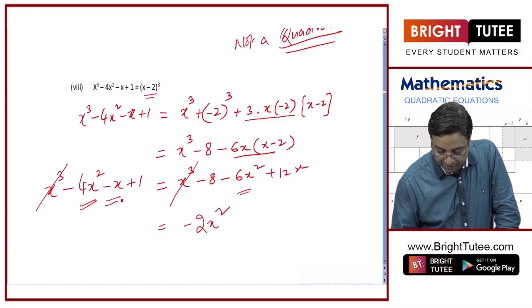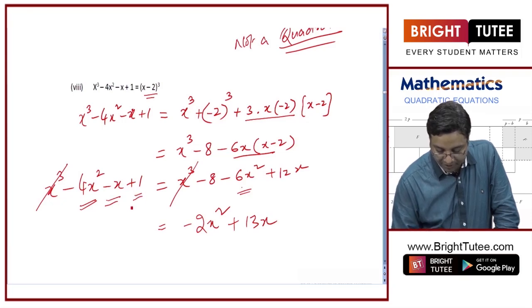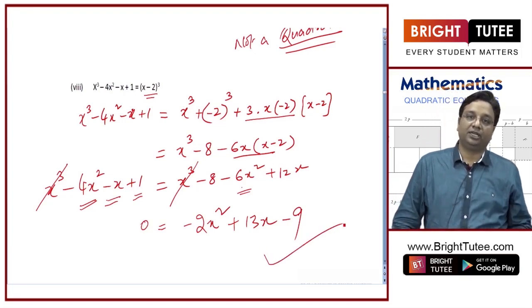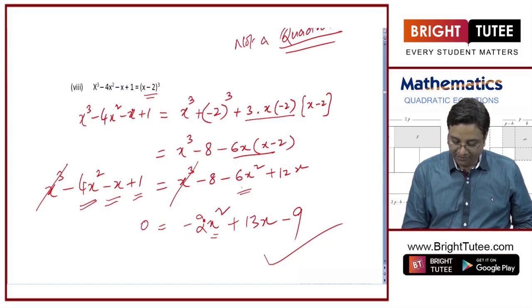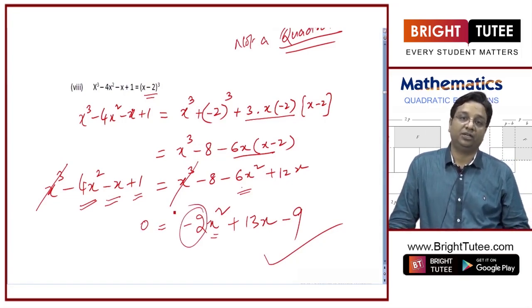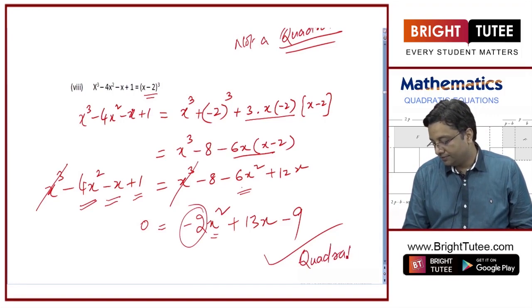When I take this here, it will give me 13x, and when I take minus 1 here, it will give me minus 9 equal to 0. So yes, this is a quadratic equation. X square can have any coefficient. It can have positive coefficient or a negative coefficient. It cannot have 0 as its coefficient, right? So this is a quadratic.